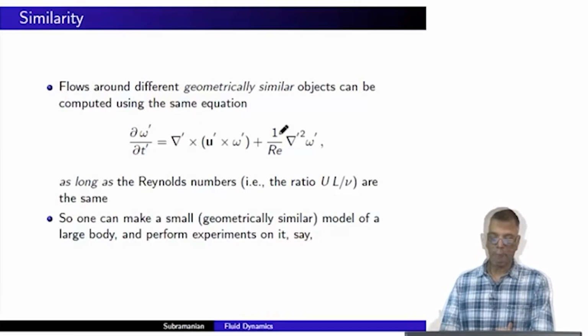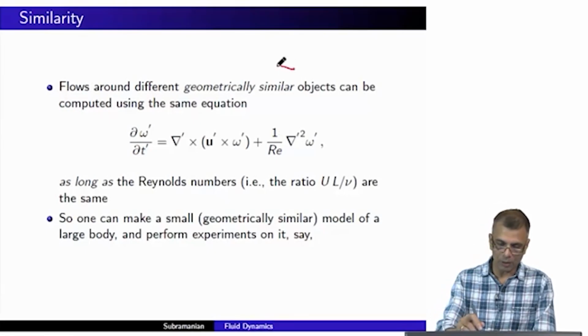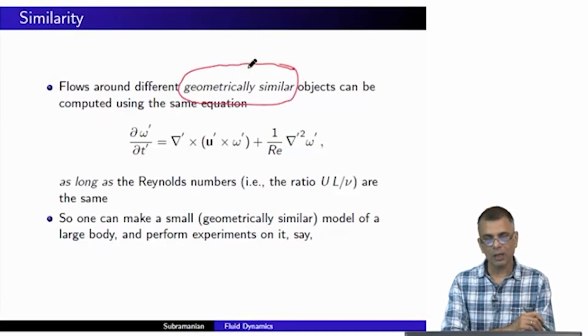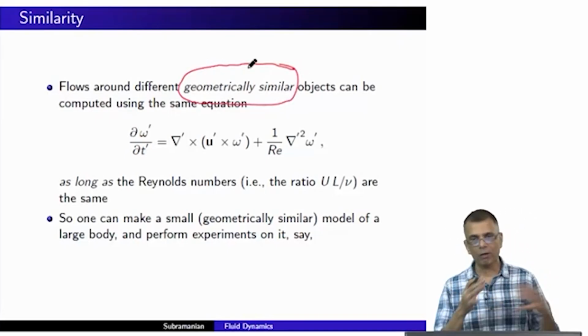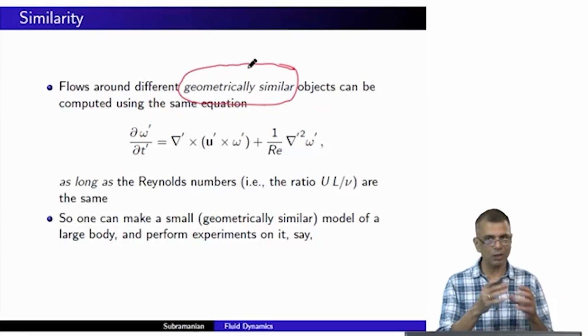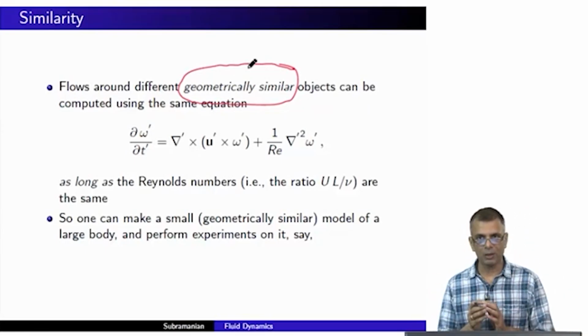I want you to remember this particular phrase, geometrically similar objects. In other words, a small copy of a larger object, say you have an aeroplane wing or a ship or whatever.